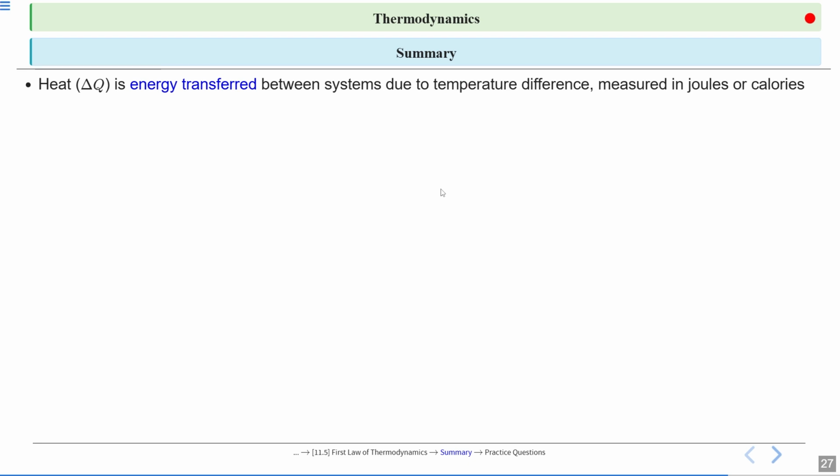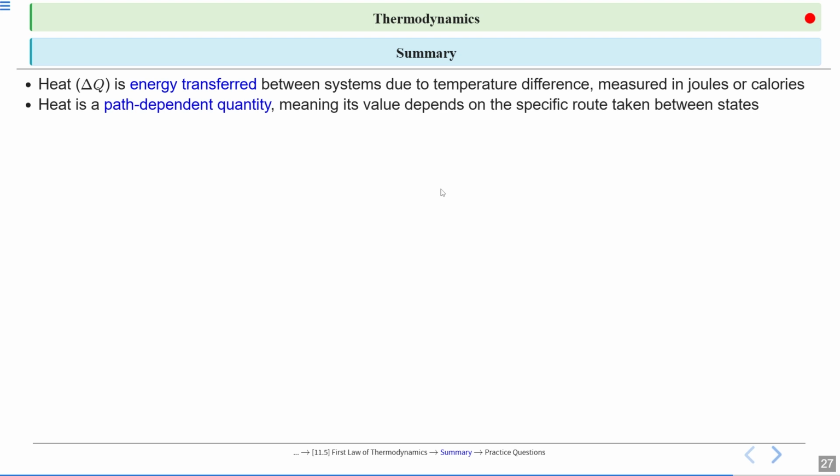Now summary. Heat is energy transferred between systems due to temperature difference, measured in joules or calories. Heat is a path dependent quantity, meaning its value depends on the specific route taken between states.